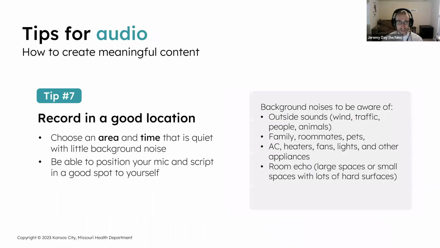So the first one is about just the physical space. Audio can sound drastically different in different places. So you want to find a good location to record in. Choose an area and time that's quiet with little background noise. A small area is going to possibly have a lot of echo, same with a large area.